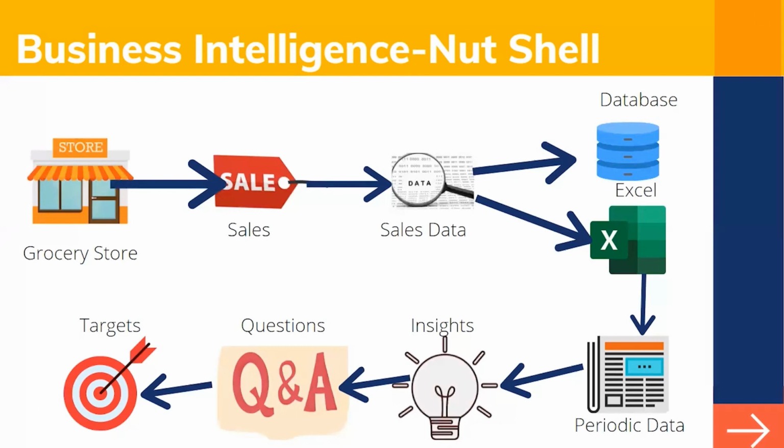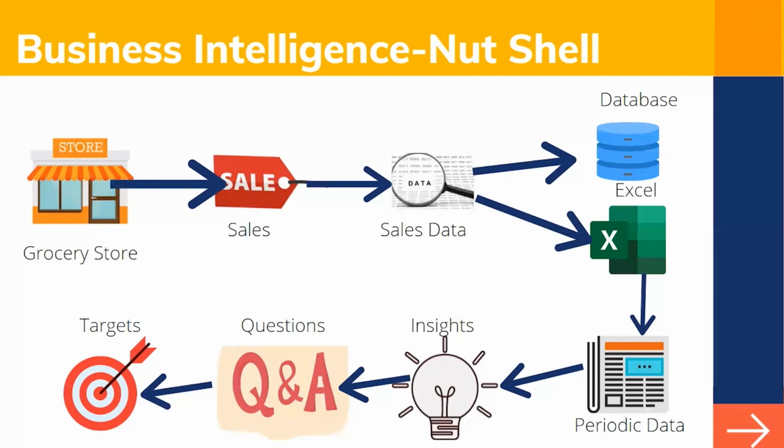So you have your sales data in a database. Now you always have to pick up the data which is there in the database periodically. When I say picking up the data, say, for example, you just want to find out a particular product's sale for the last 2 weeks.